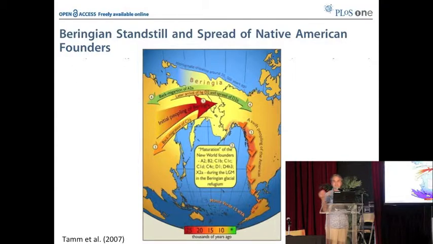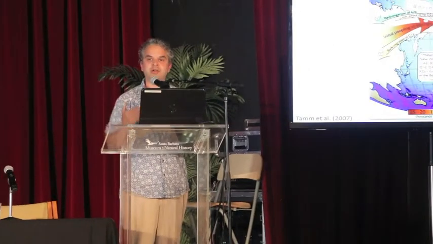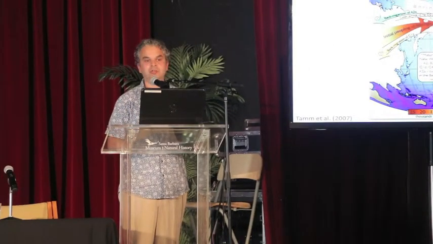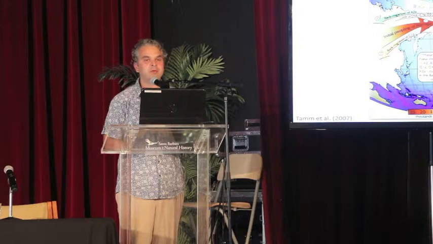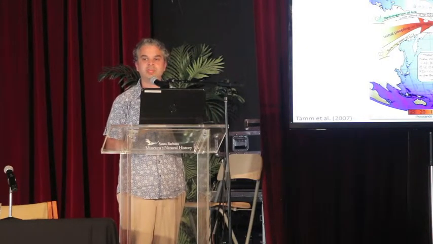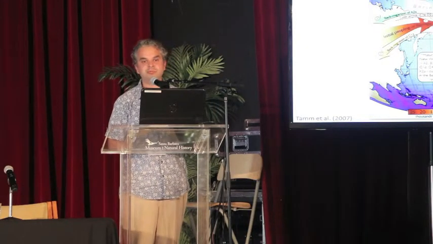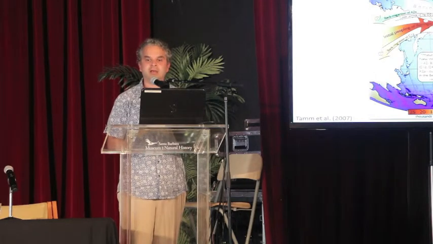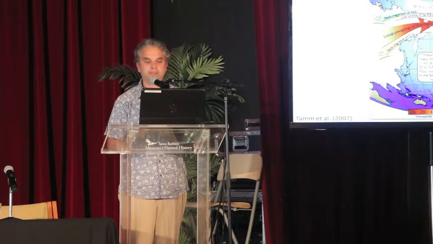Right? This is a hypothesis that we have. So over this last year, some additional genetic data has come out, and we've also been running a few simulations that are causing us to rethink some aspects of this model.